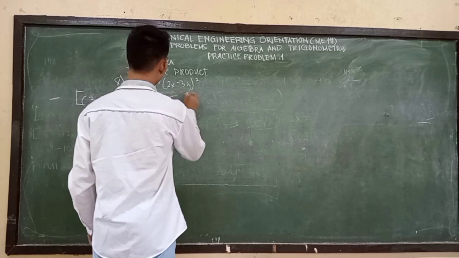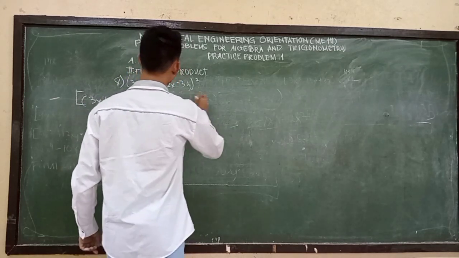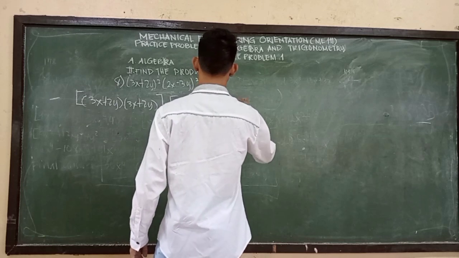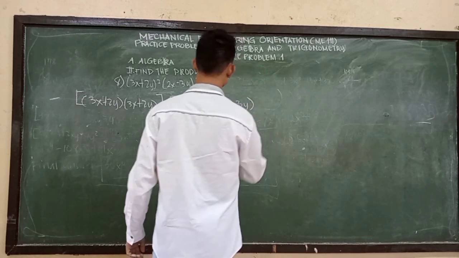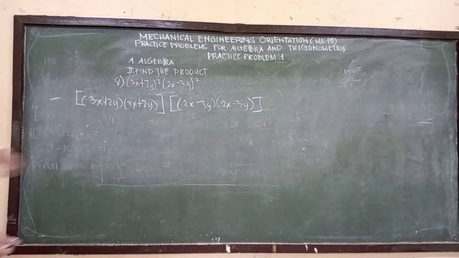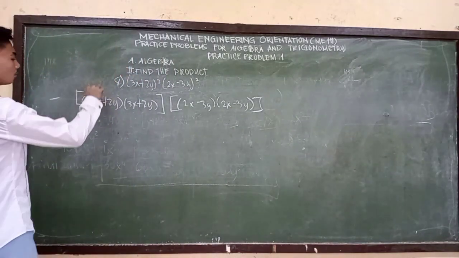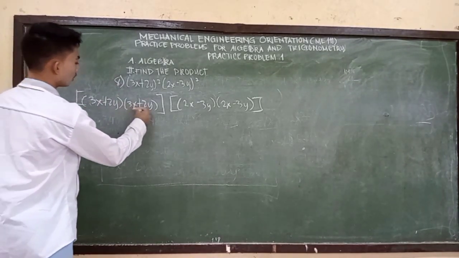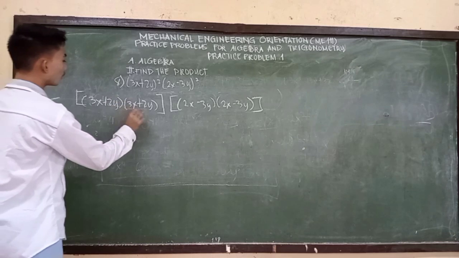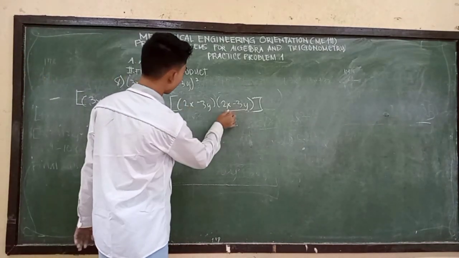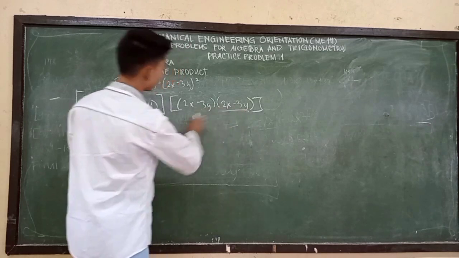And then another bracket to multiply 2x minus 3y with itself. And again, in multiplication, we have to distribute the 3x with this term, and then 2y with this equation, and then 2x with this equation and negative 3y with this equation.